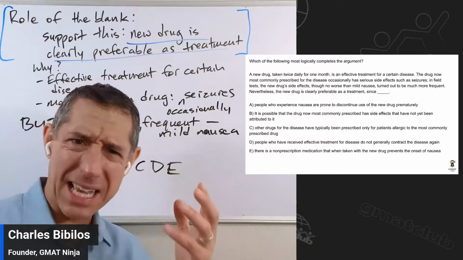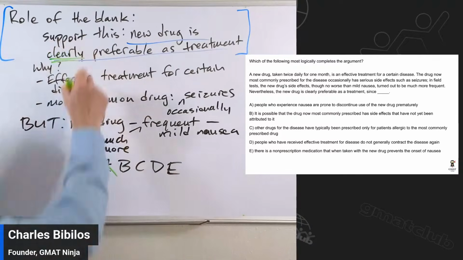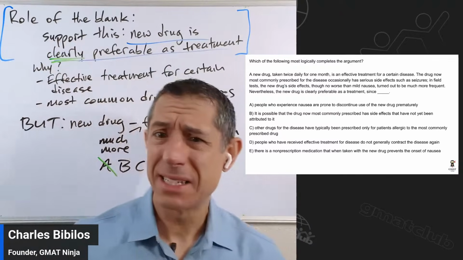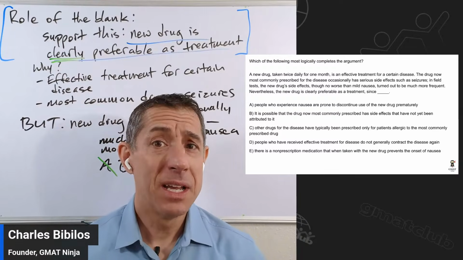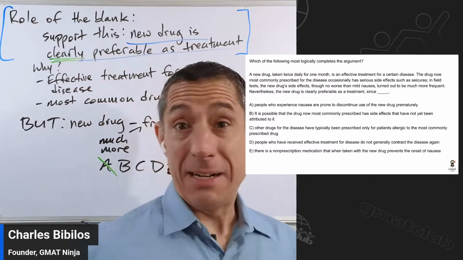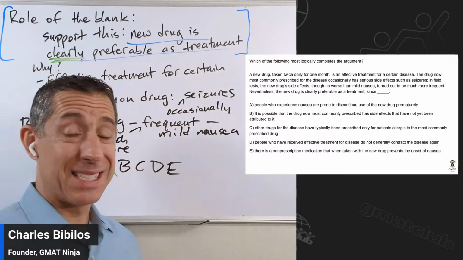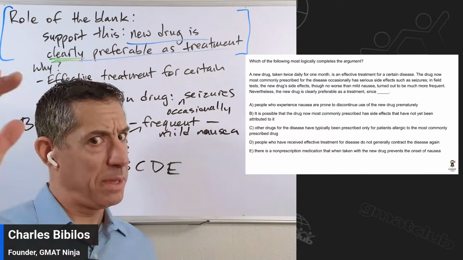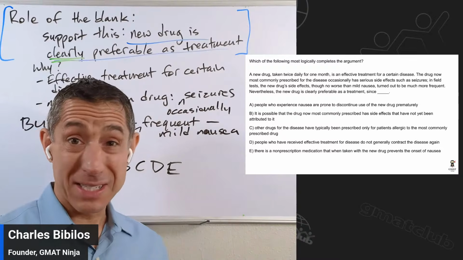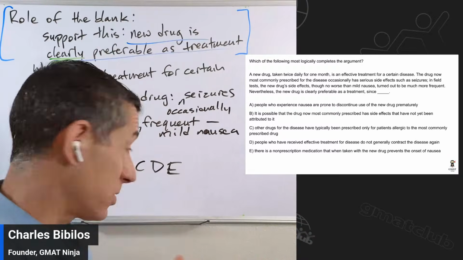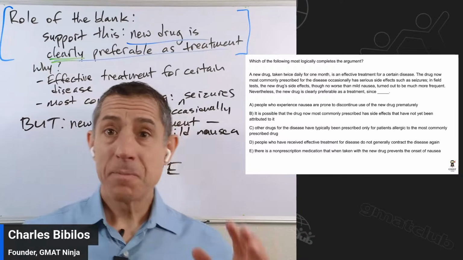Is this going to strengthen the idea that the new drug is clearly preferable as a treatment just because the current drug might have some side effects we don't know about? I don't think that's very strong. You could argue that it does reinforce that a little bit because, oh, well, maybe there's something lurking out there. I think it's a pretty lousy answer choice. I would cross it out here personally. If you want to keep it and be conservative, I wouldn't blame you one bit.